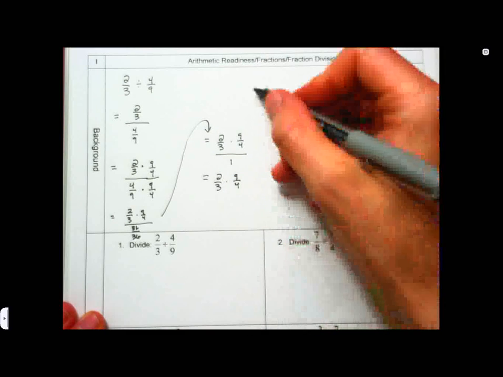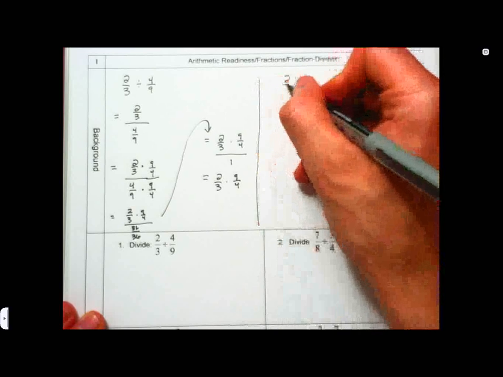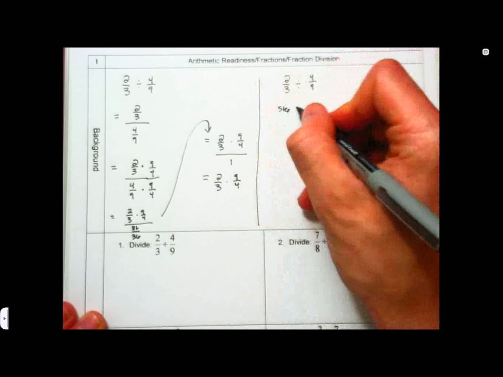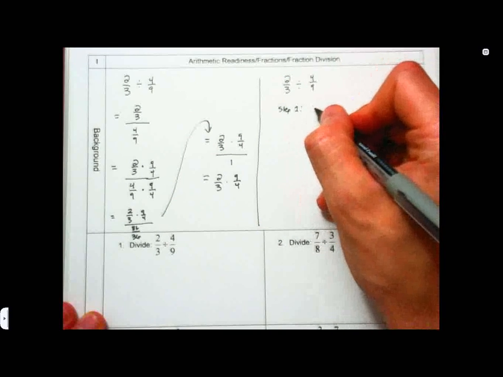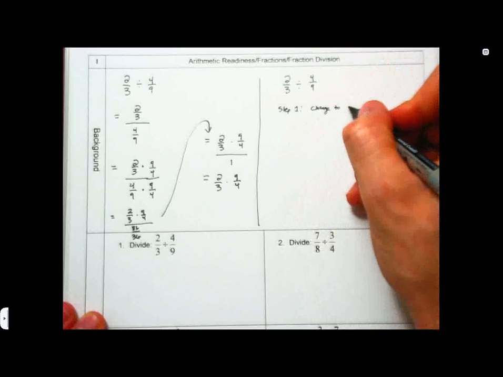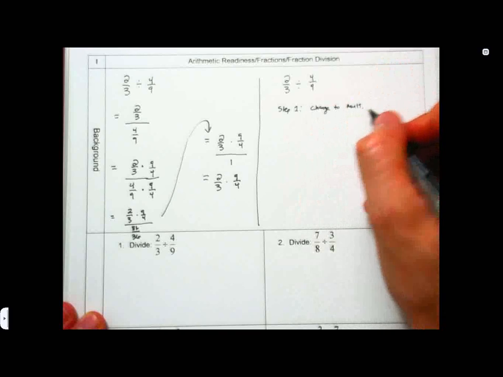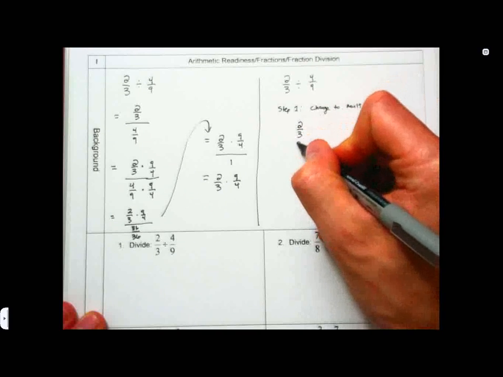So if we were to write this out in steps, here's how it would look. 2/3 divided by 4/9. Step 1 is we would change to a multiplication problem. And the way we would do that is, again, we leave the first one the same.